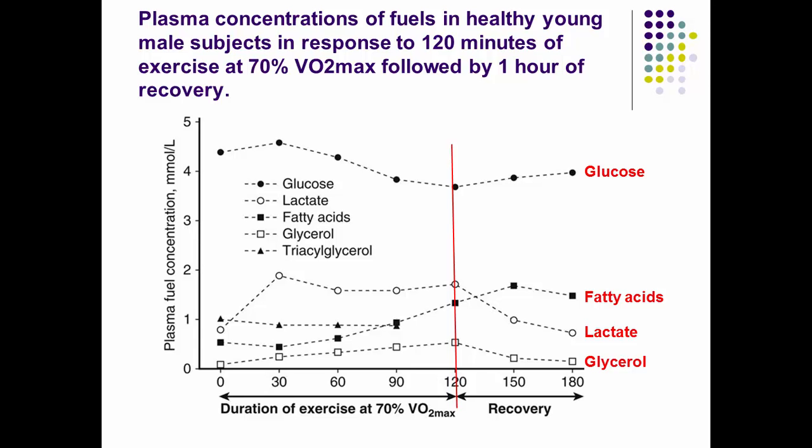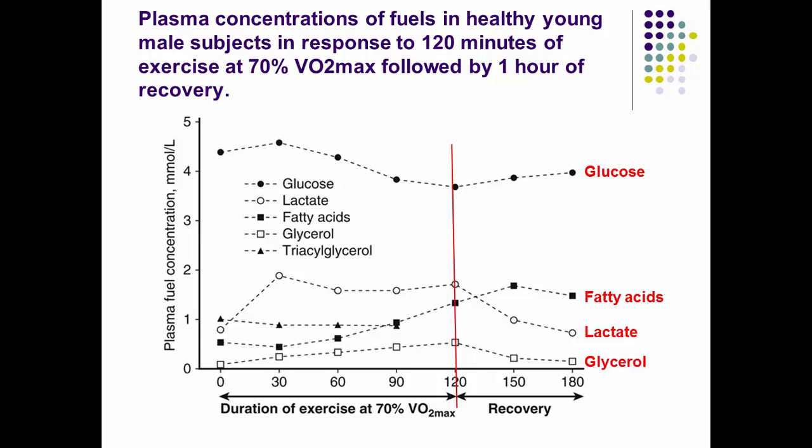So here I wanted to give an example of a healthy young male, exercising for 2 hours with a 1 hour post-exercise recovery period, and see how energy fuels in the circulation change.